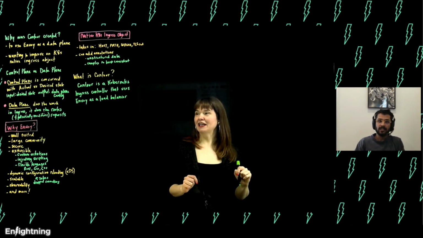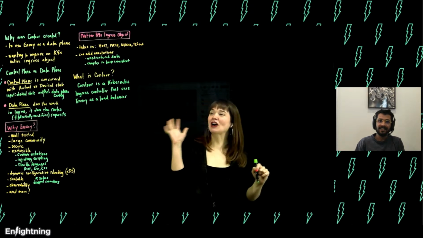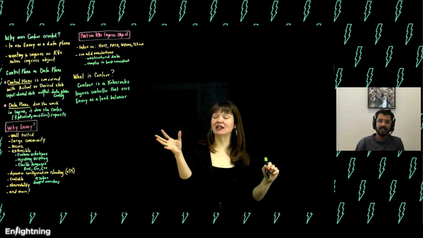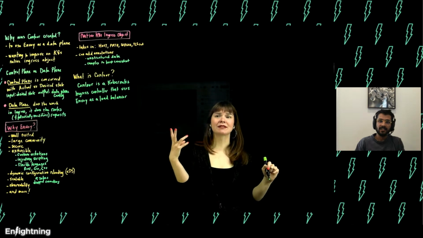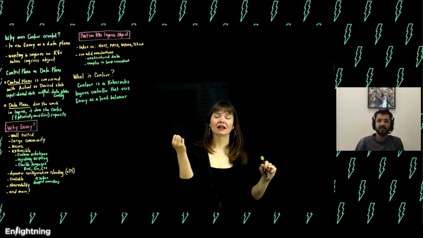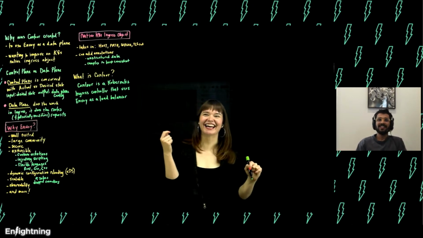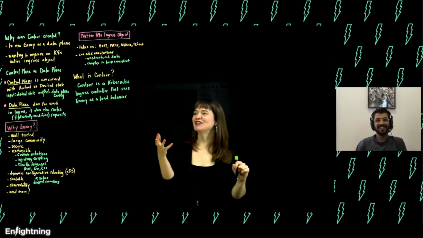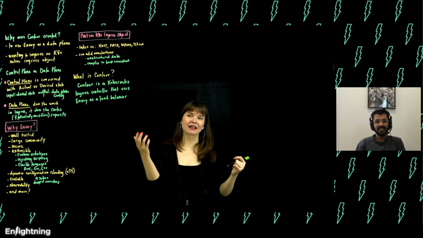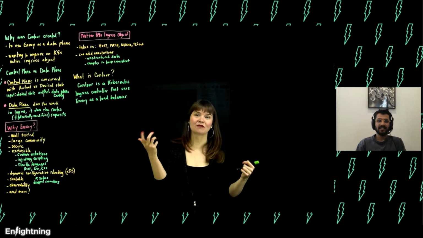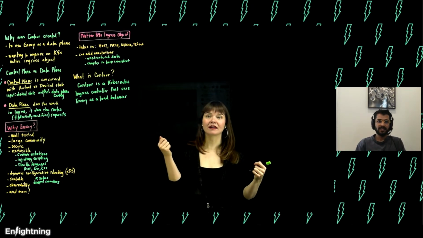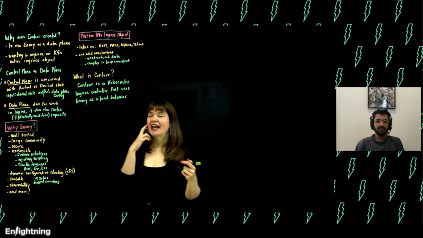You're getting ahead of me. So Contour is a Kubernetes Ingress controller that uses Envoy as a load balancer. And what was the other thing that Envoy does? A proxy. That uses Envoy as a load balancer and a proxy, right? It routes the traffic. Envoy does the actual routing. Yes.